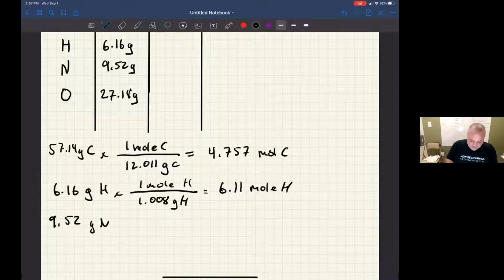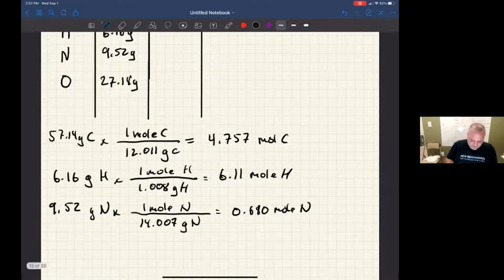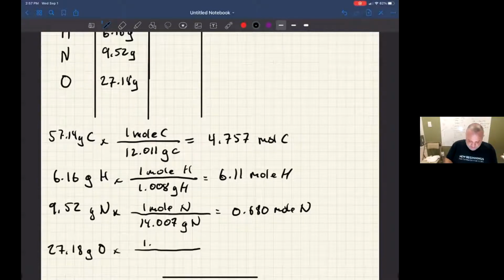Now, again, let's continue on. 9.52 grams of nitrogen divided by its molar mass of 14.007 grams per mole. And so I get 0.680 moles of nitrogen. And finally, 27.18 grams of oxygen divided by its molar mass. 1 mole of oxygen is 15.999 grams of oxygen.